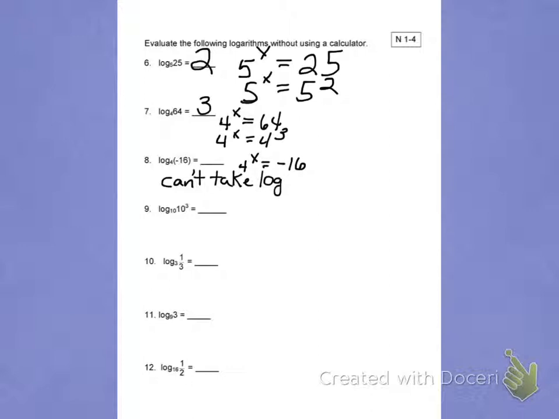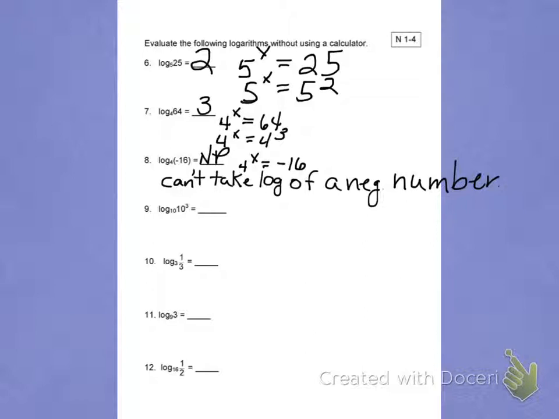Now, sometimes the logarithm will be negative, but you can't take a log of a negative number. Okay. So that's a rule. There's nothing we can raise the 4 to any power and get a negative 16. So this is going to be not possible. We can't do that.